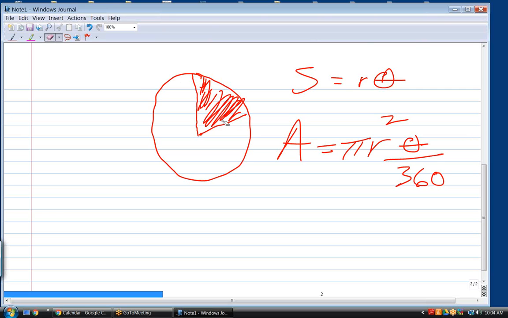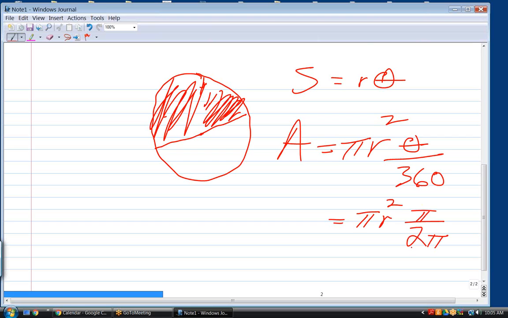So it's pi r squared multiplied by the size of the portion of the circle. If you had 180 degrees, that would give you 1/2, which is correct. Or if the angle is in radians, that's pi radians over 2 pi radians. That's also 1/2.